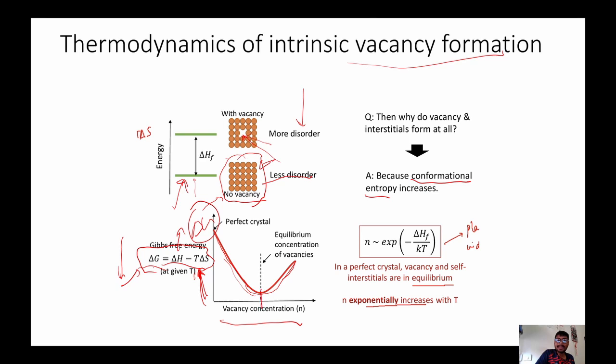At this point is the maximum vacancy concentration, which is given by this: N is directly proportional to exponential of minus delta HF by KT. So it depends exponentially on the temperature. As we increase the temperature, N will increase. These are important for substitutional diffusion, as we will see.